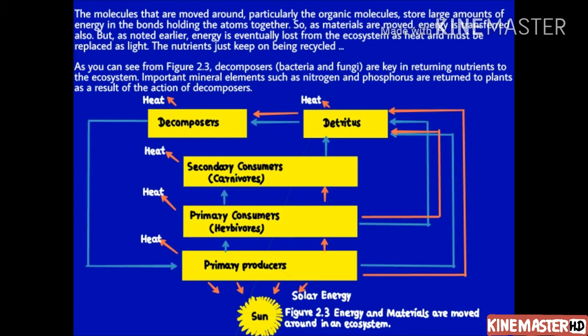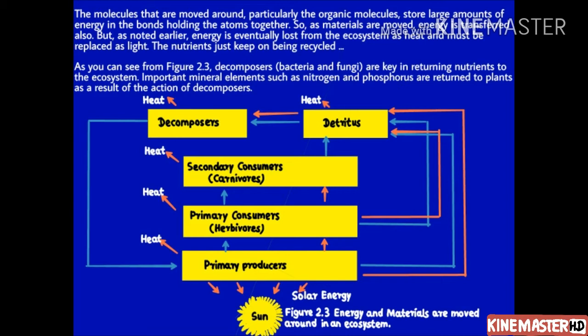Let's look at the diagram. In figure 2.3, energy and materials are moved around in an ecosystem. For example, we have seen about the decomposers. The first one is the sun, whose solar energy is used by the primary producers.